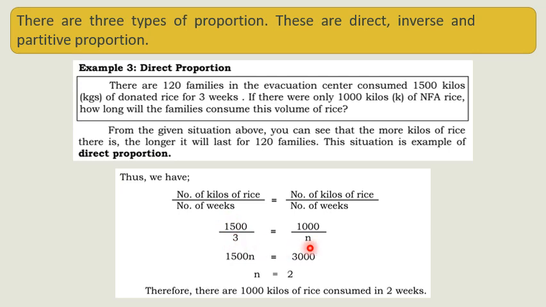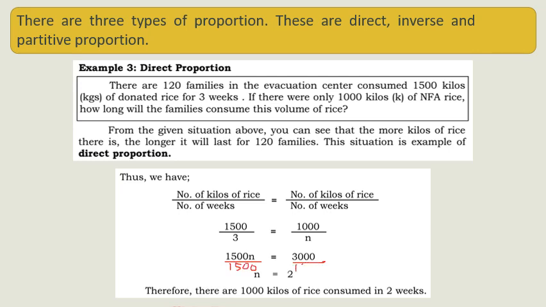So, ito, di ba nakita nyo kanina sa example to, yung proportion natin? So, anong gagawin dito? I-cross multiply lang siya. So, 1,500 times n is 1,500 n. 3 times 1,000 is 3,000. Ngayon, para nakuha ito, so ano ba ang katabi ng n? Yung 1,500. So, i-divide natin both sides sa 1,500.